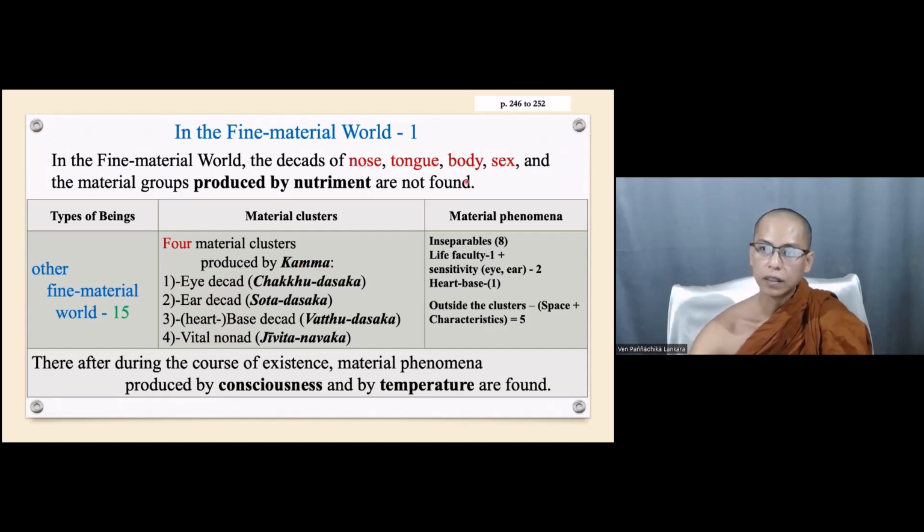But as you see, we can compare two realms of existence. In the sensual world, the body decad and tongue decad cannot be absent. But in the fine-material pure world, they are absent. But in the case of the fine-material pure world, the eye decad and ear decad cannot be absent. But the nose decad can be absent in both the sensual world and the fine-material world due to kamma.